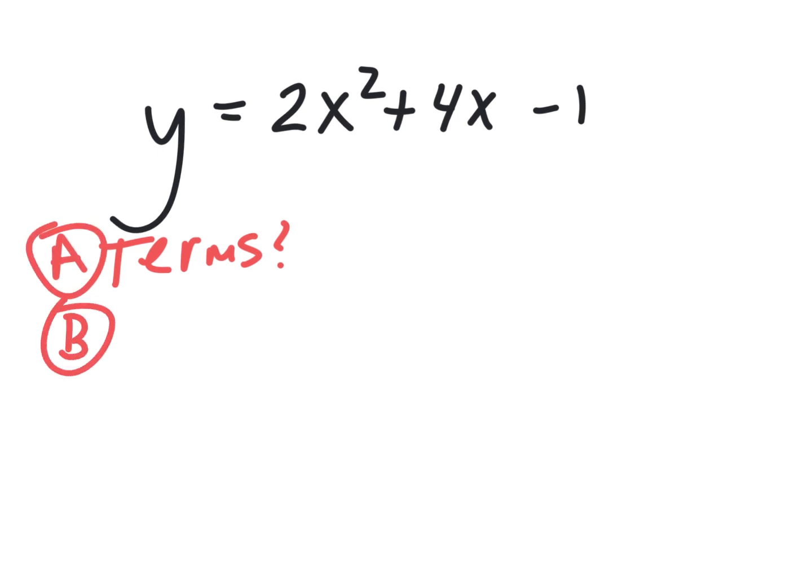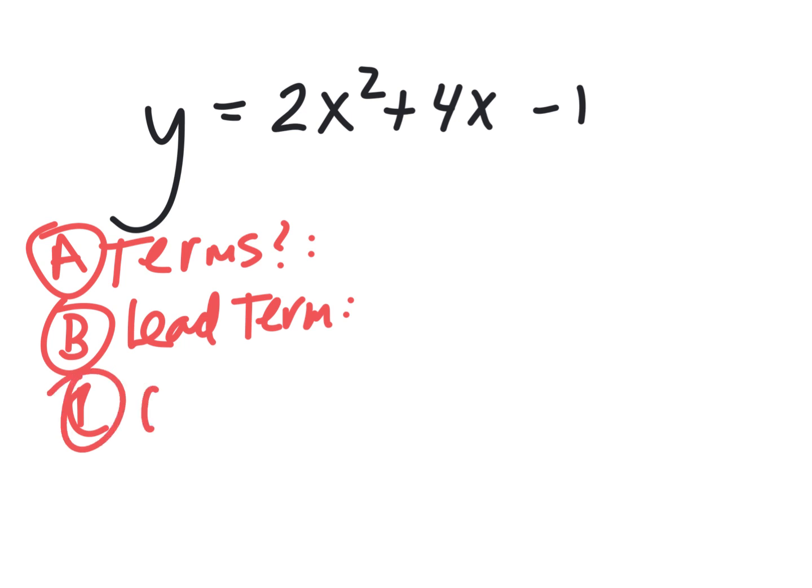It would be good for your notes if you had the word terms, but just give me the answer to how many terms there are for sure. If you're more of a note taker, you want to remember this better, write it out. What is the lead term? What is the lead coefficient?